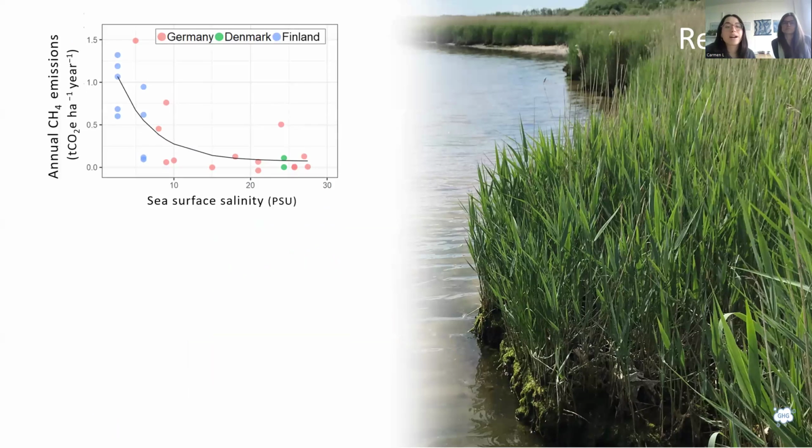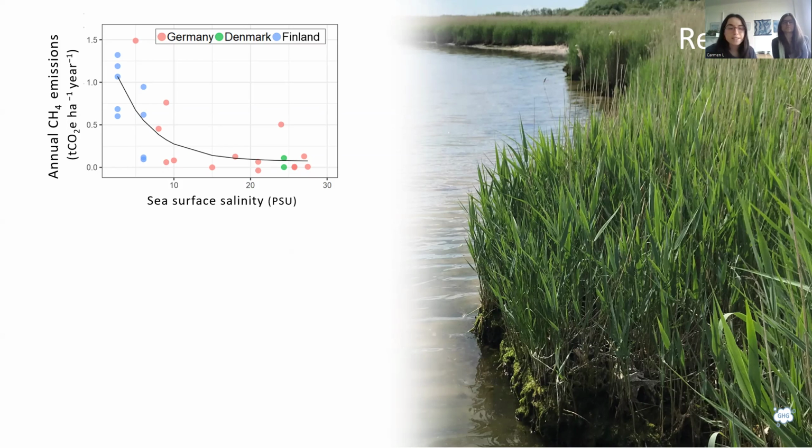Next, in our team, we also compile data from the literature. Here, I'm just showing all of the annual methane emissions we compiled for Germany, Denmark, and Finland, and how they relate to the sea surface salinity, the widely acknowledged negative exponential relationship. So we confirm salinity is a main driver of methane emissions in the salt marshes of the Nordic area.